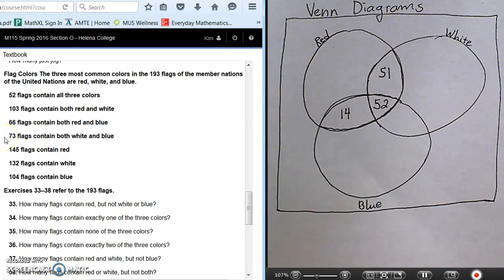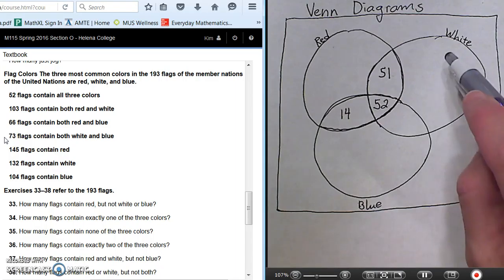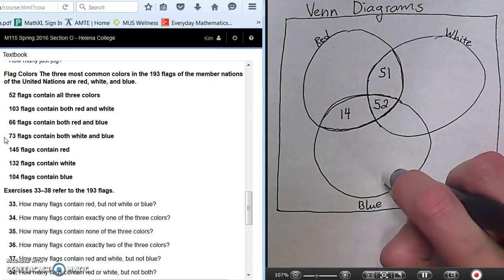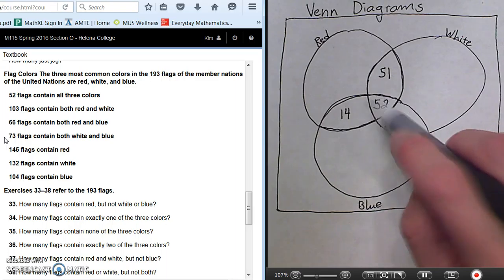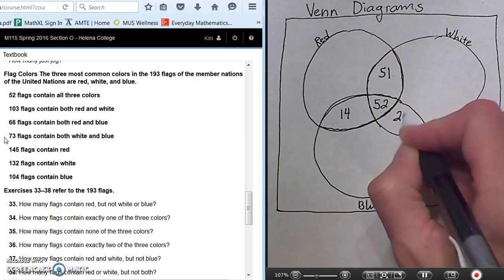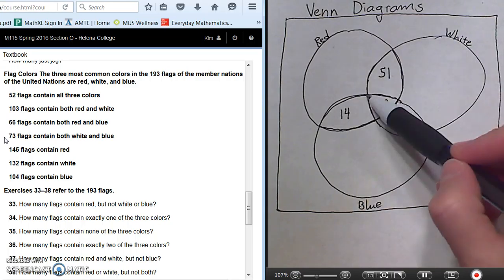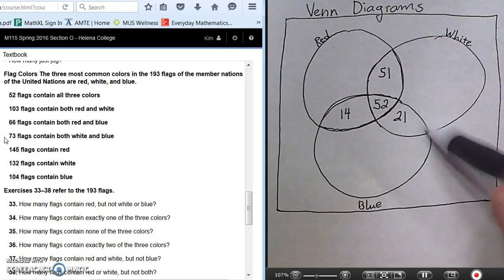Fourth piece of information. 73 flags contain both white and blue. Where the white and blue overlap, there needs to be a total of 73. 73 take away 52 is 21. And we can see where the blue and white circles overlap, there's a total of 73.